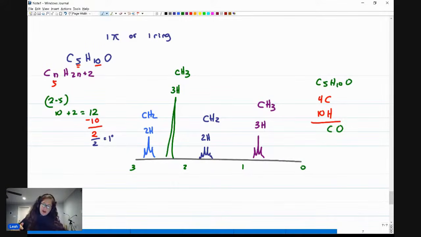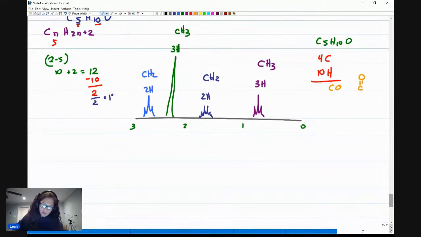And with this in mind, I'm going to guess that that carbon and oxygen is probably where my pi bond is located. It's probably a C double bound O, and that lets me have all these pieces. So now all I have is a puzzle. I have a C double bound O, I have a CH2, a CH3, a CH2, and a CH3. So let's put this somewhere over here. And now we're going to use the graph to figure out how to put all of it together.